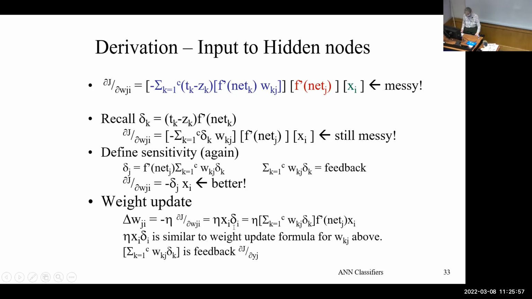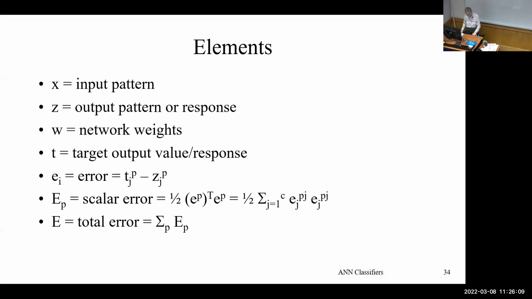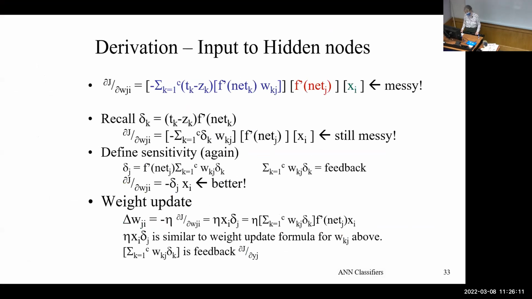Okay, that should be a J. And then the next line as well. Trying to type these up for you guys rather than write on the board. Okay.